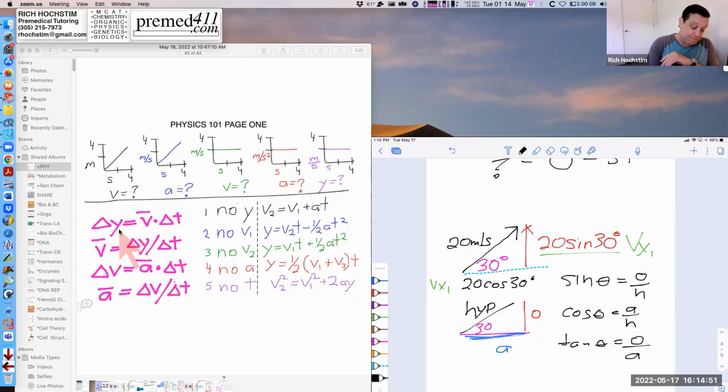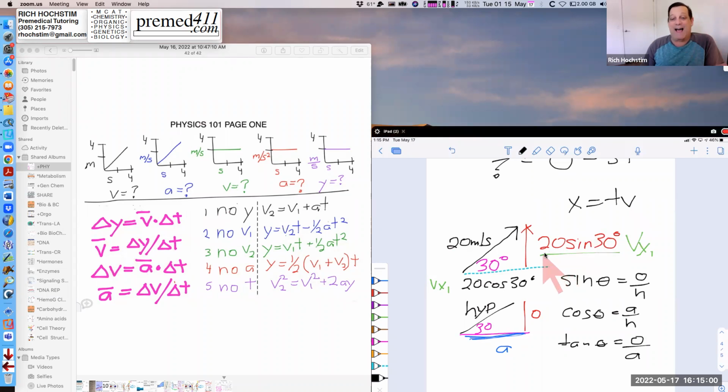Sometimes for memorization purposes, I call it x is equal to TV. As far as the horizontal goes, the velocity is not going to change because in the horizontal direction, gravity doesn't act. So whatever 20 cosine 30 is, that is going to be constant.